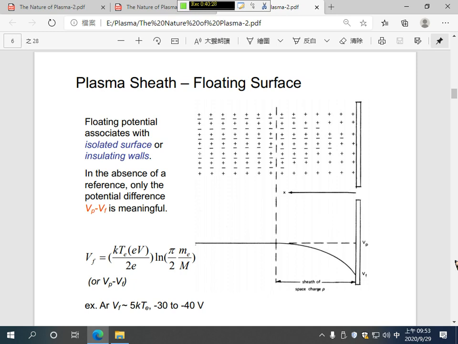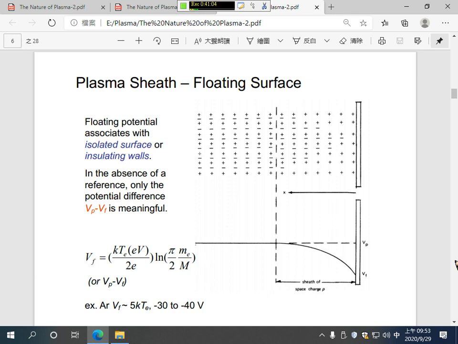Okay, and for argon plasma, the floating potential is around 5 times kTe. k is the Boltzmann constant. Okay. So if the electron temperature is around 6 eV, then the floating potential of argon will be around minus 30 volts or minus 40 volts.